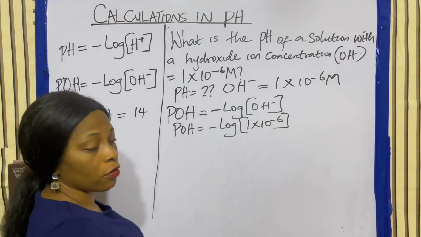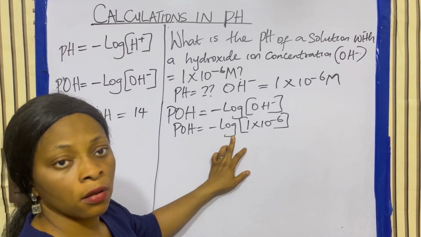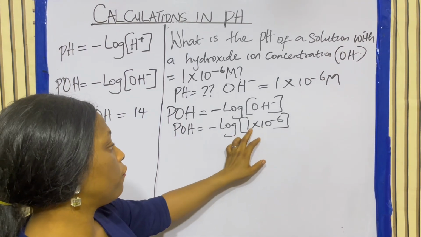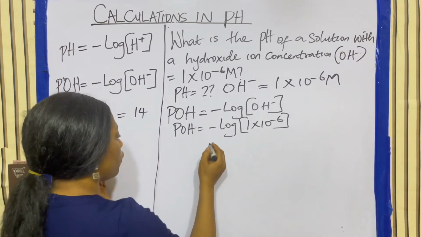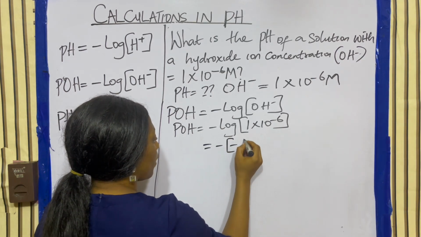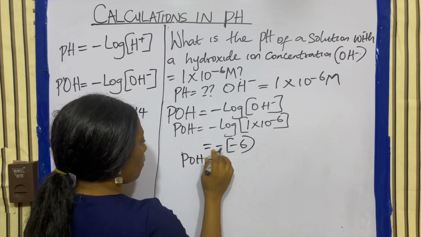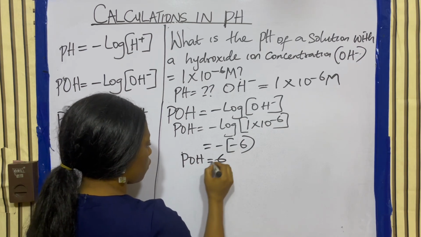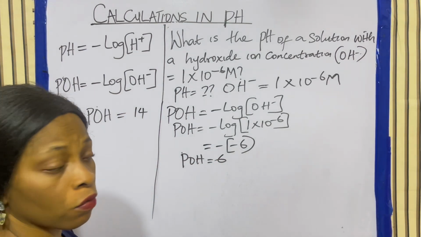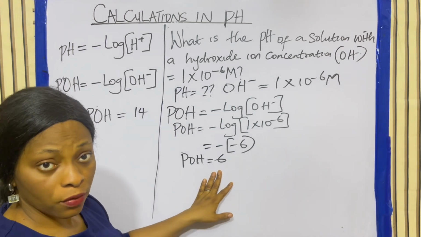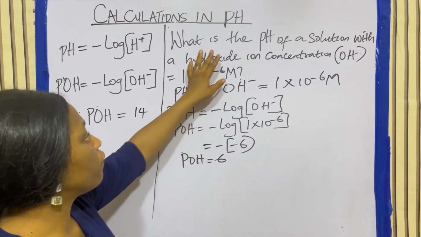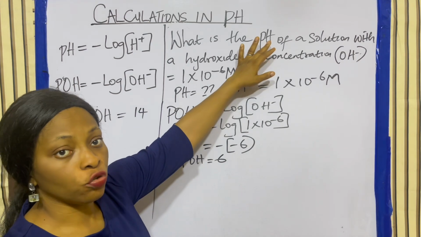So when you press your log in base 10 and you find the log of this, it is going to give you minus 6. So our pOH is equal to minus times minus will give us plus. So our pOH is equal to 6. Are we together? But the question says we should find the pH.